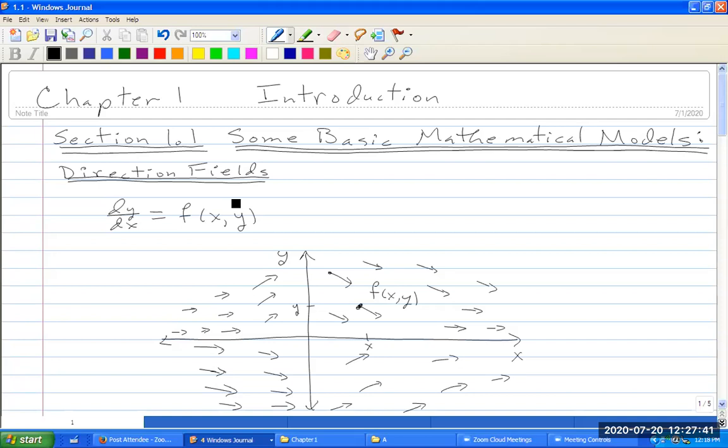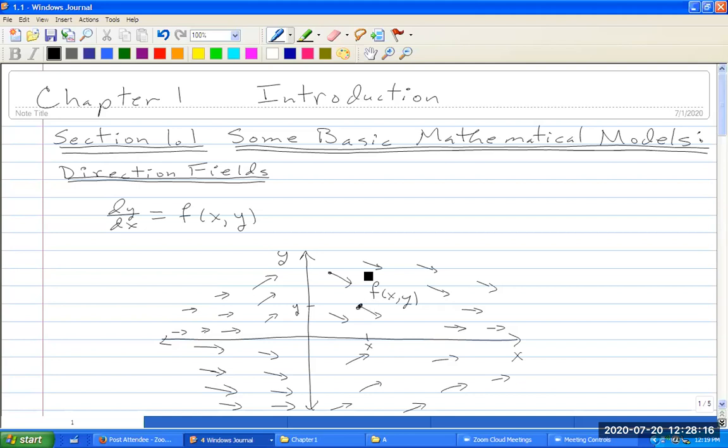You then say, well, at x, y, it's equal to -2, let's say. So then your derivative would equal -2. So we would say you have a tangent line that has a value of -2. So you go over 1 down 2. Voila, that's your tangent line. So you would just draw your tangent line and make it into a vector.